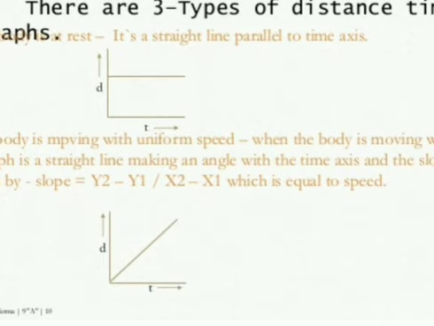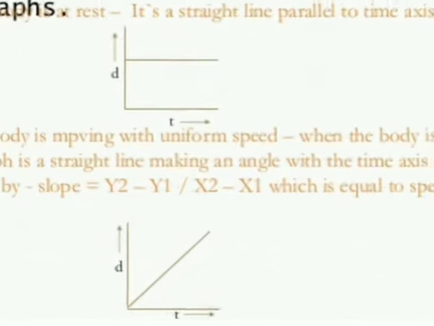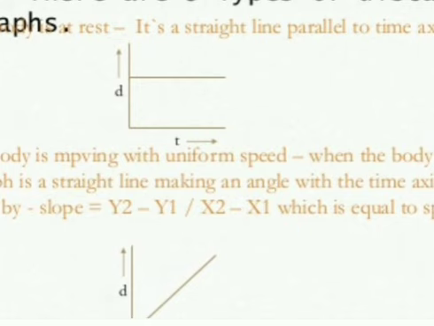Here, there are 3 types of graph. You can see the distance time graph. In the first type, when any object is at rest, you can see that there is no change in the position, but the time is changing. So we will have one straight line parallel to the time axis or x-axis.